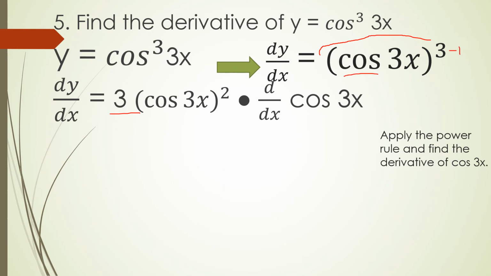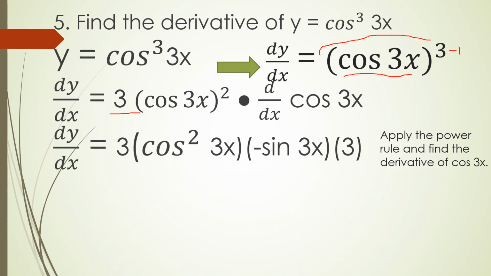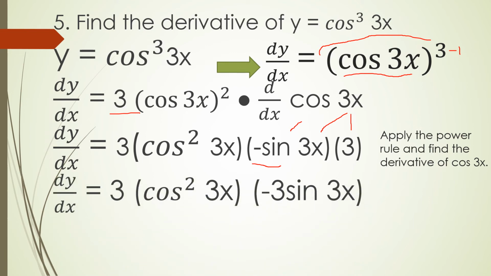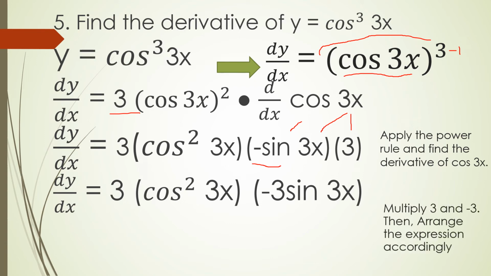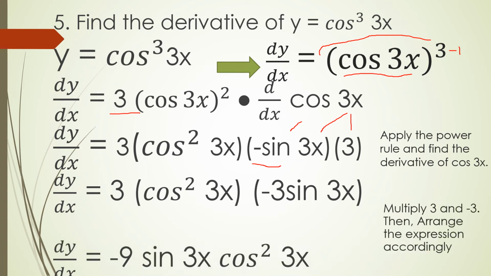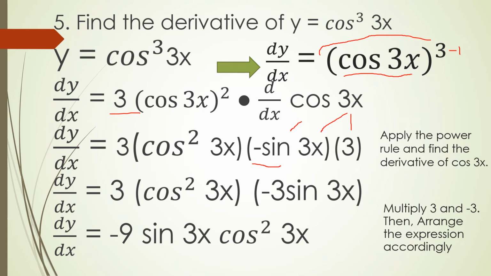Tapos, what's the derivative of cosine 3x? What's the derivative of cosine? Negative sine ang derivative ni cosine. Copy 3x. Derivative ni 3x, 3. So, anong next? Multiply 3 and negative 3. So, you have negative 9 sine 3x cosine squared 3x.